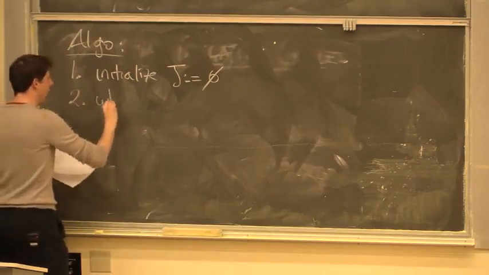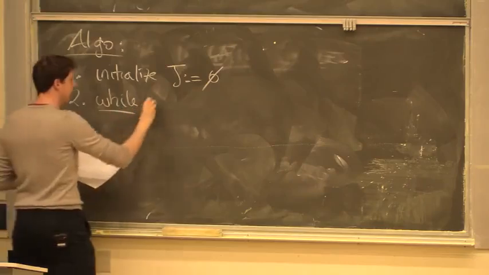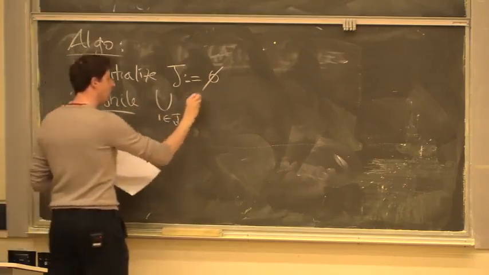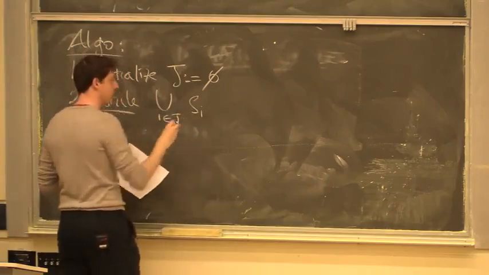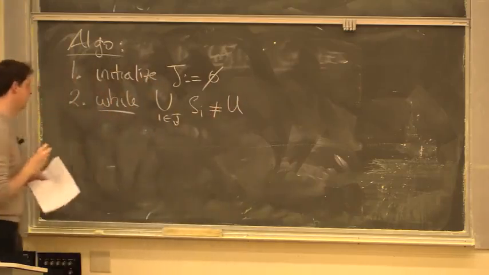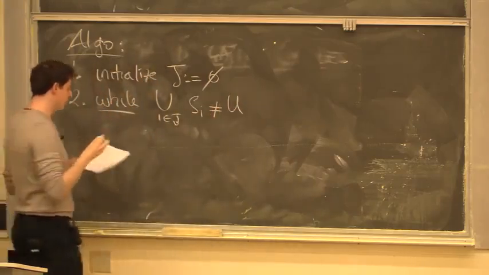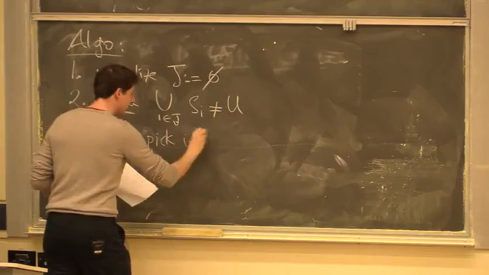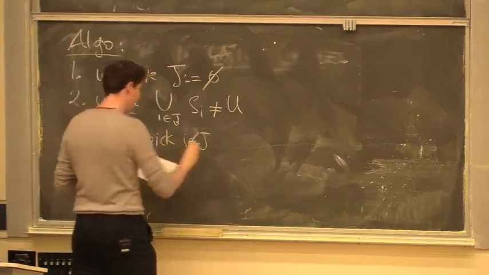And while we are not done, namely while all of the things that we have so far are not the universe, then we need to pick some index j that we haven't picked yet.